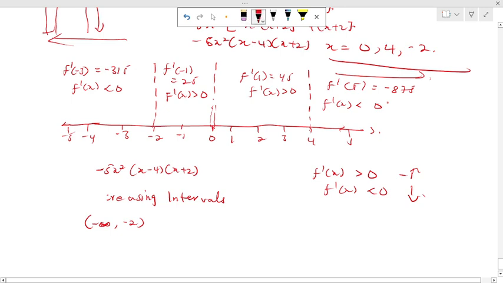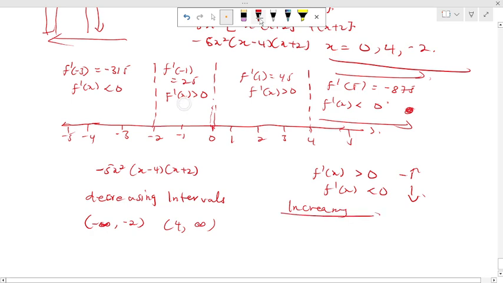Then another decreasing side is from this side going, so I'll see 4 toward positive infinity. So I'll have 4 at the minimum, then positive infinity at the maximum. That is decreasing.